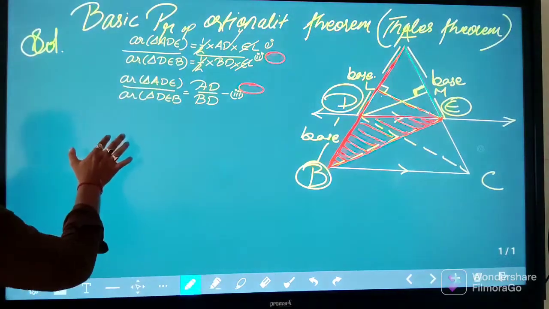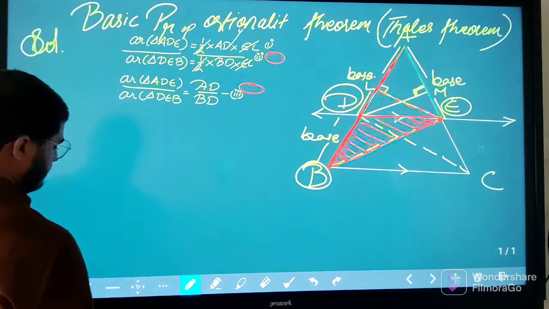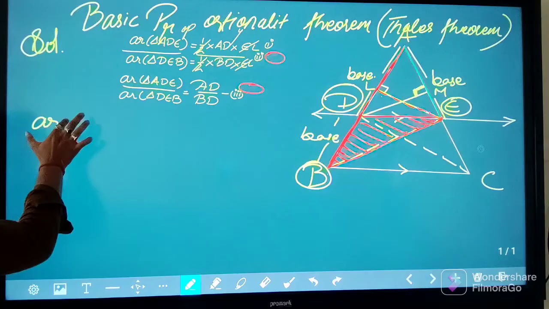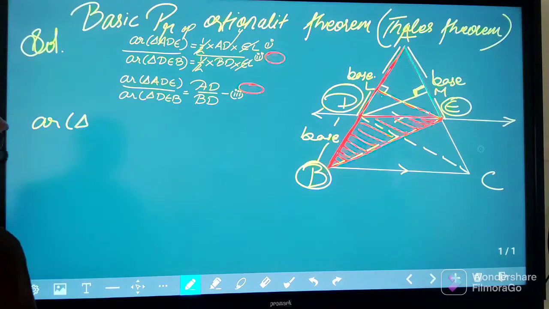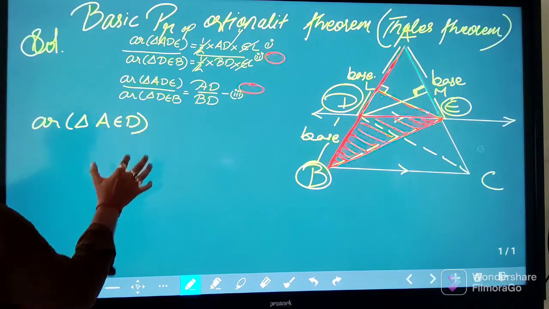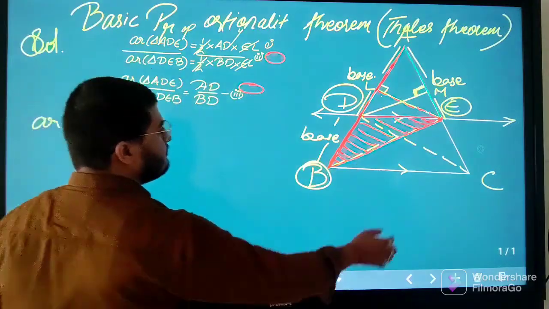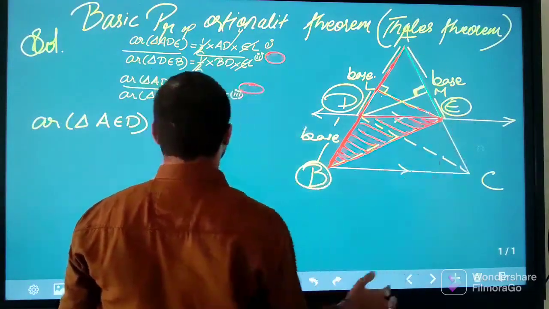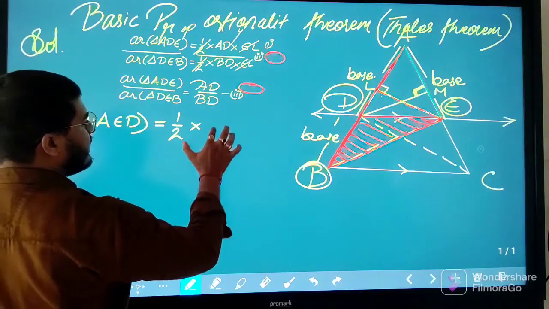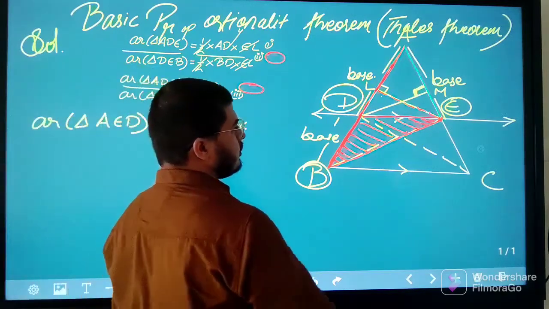So again we can say that area of triangle AED is, base is this time AE, so is equals to half multiplied by base, that is AE, into height. So height is what?